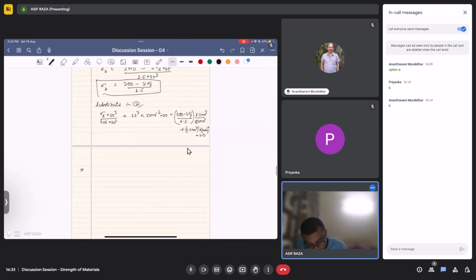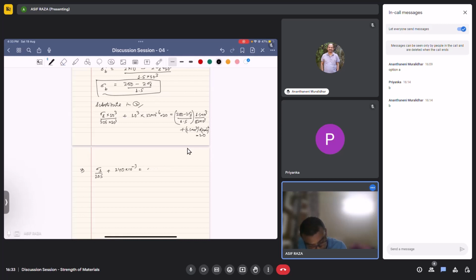That would give me sigma s upon 205 plus 240 into 10 to the power minus 3 equal to 200 minus 2 sigma s.